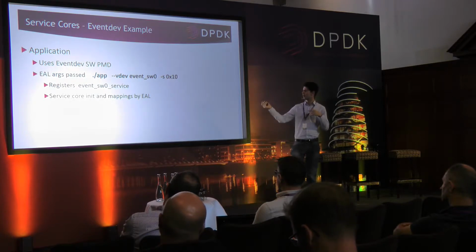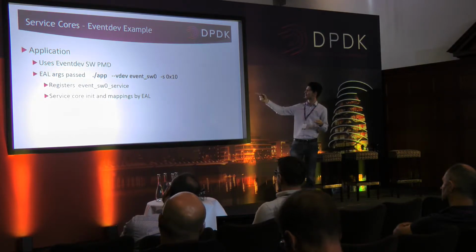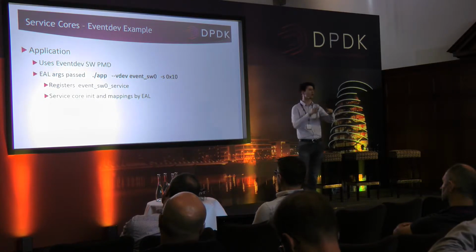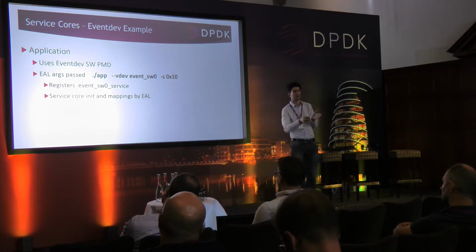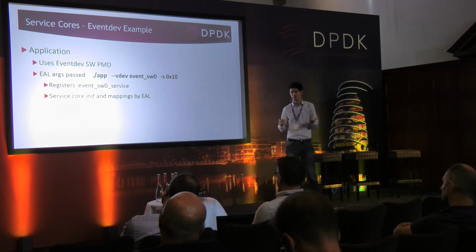And it's going to create the mappings from the cores that have been enabled to the services that have been registered already. In this case, the VDEV software event-dev PMD driver service is going to be mapped to L-core 5. So EAL will do a basic round-robin distribution of the services to the L-cores.